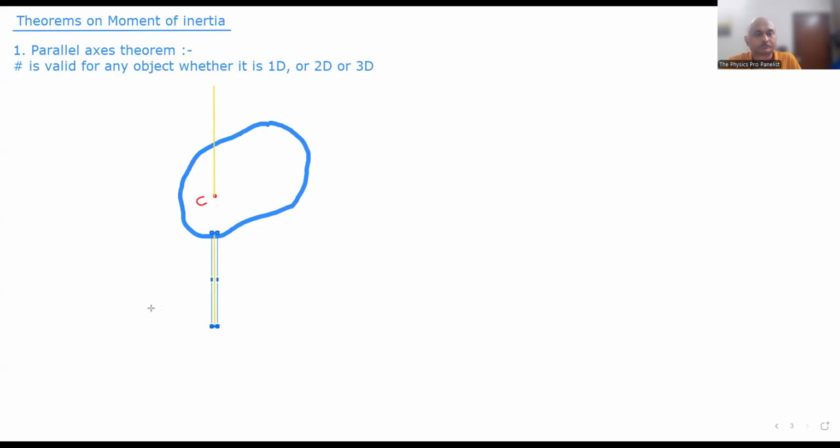So this is the axis passing through its center of mass, right? And we know the moment of inertia about this axis.